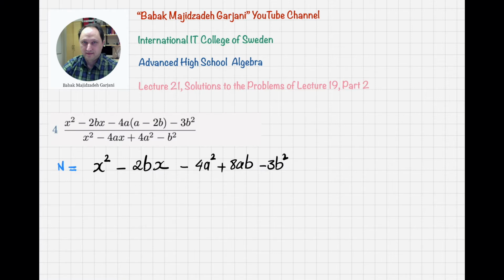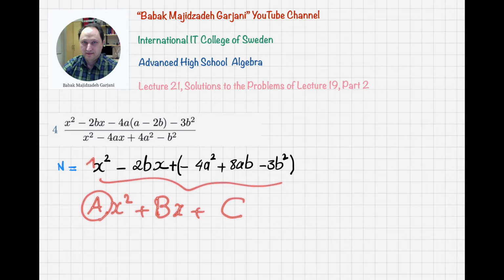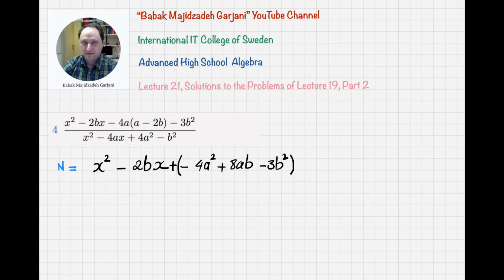Okay, so if you want, I can write it in a pair of brackets and put a positive sign here. So what I'm saying is that you can compare this expression with ax squared plus bx plus c, where a is 1, b is minus 2 little b, and capital C is this expression. So of course there might be different tricks, but I think the first thing that comes to mind for this expression is the general trick for factoring the quadratic polynomial.